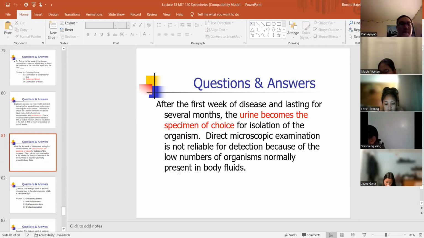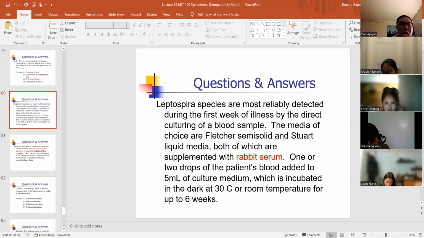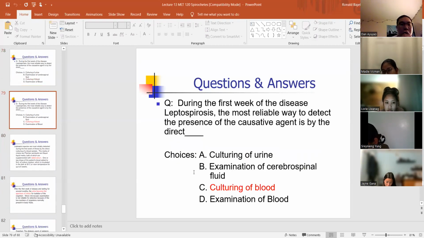That's why the direct microscopic observation choices were not acceptable, because of the low numbers present in the sample. So the best way to do it is by culture. If the organism is there, it's going to grow.